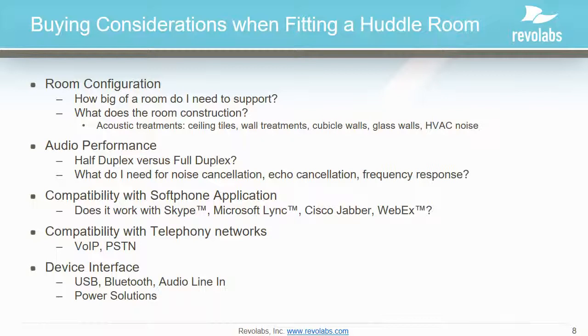That matters when you're having a regular huddle room conversation. The other thing you want to consider is the frequency response. There are bandwidth restrictions for these systems, so you'll maybe be up to 8 kilohertz or 16 kilohertz, and that's wideband or ultra wideband. The larger the band, the better off you are, the better performance you're going to get from the product.